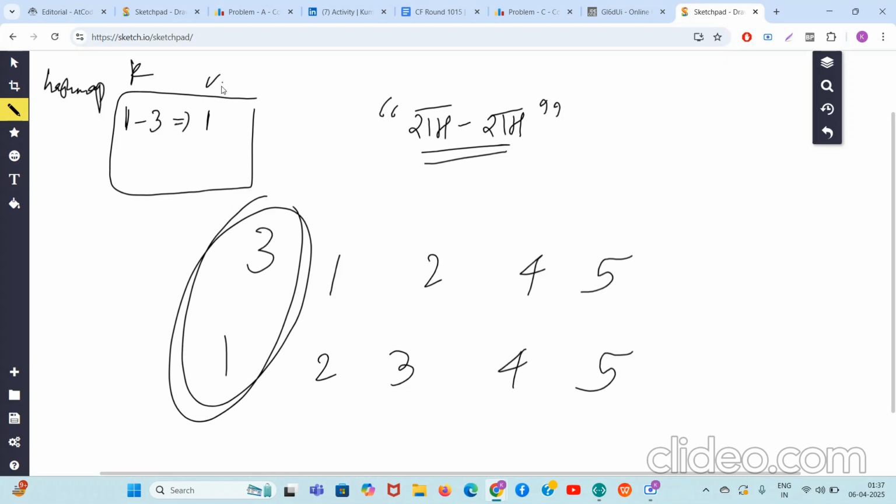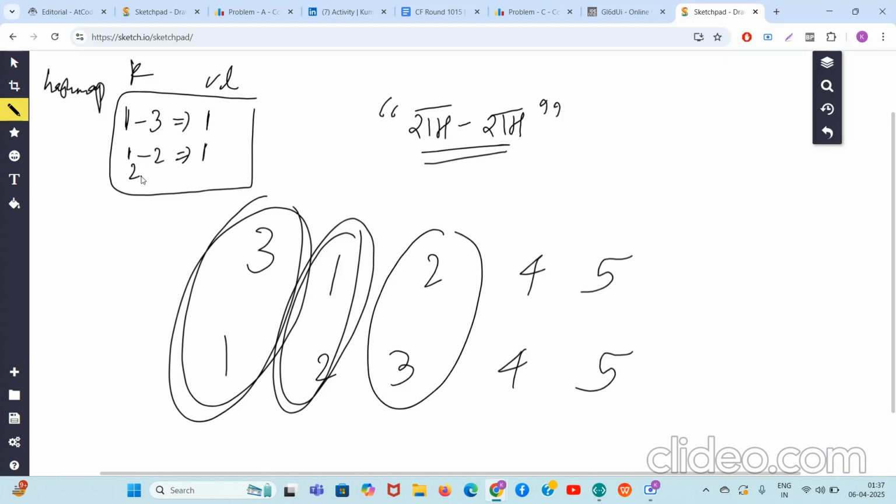This is the key and this is the value. 2 3 bond is also coming for one time. 4 4 bond is also coming for one time. 5 5 bond is also coming for one time.